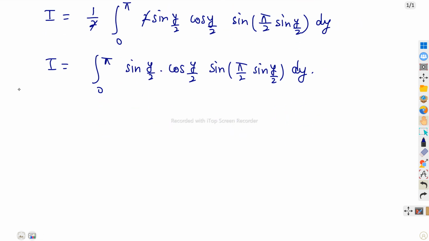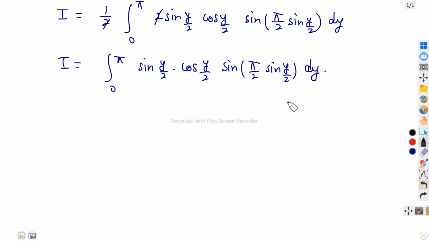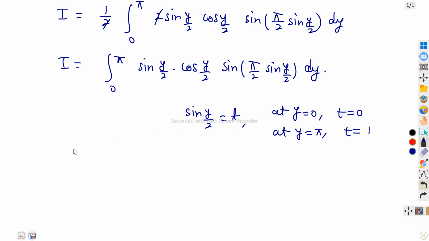Again, we can take sine(y upon 2) equals t. At y equals 0, t equals 0, and at y equals pi, t equals 1. Cos(y upon 2) dy equals 2 dt.